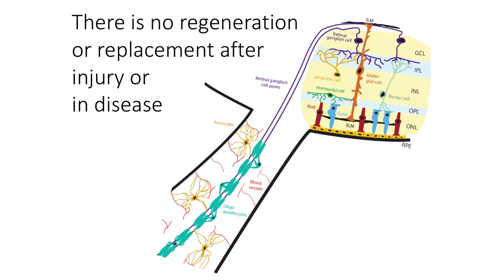So the fundamental problem that we have in these diseases, once we get outside of trying to prevent them, is that there's no regeneration or repair or replacement in the retina in injury or disease. And that's our fundamental issue of why so many of these degenerative eye diseases lead to permanent vision loss.